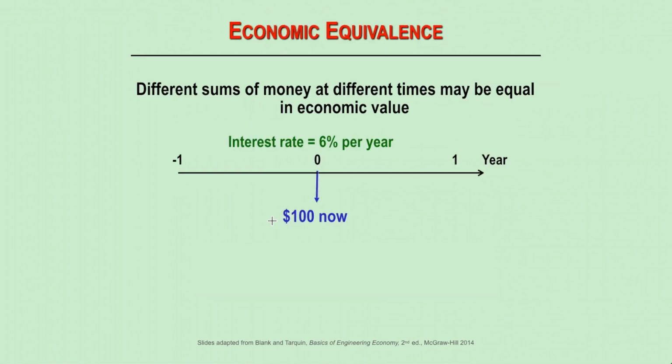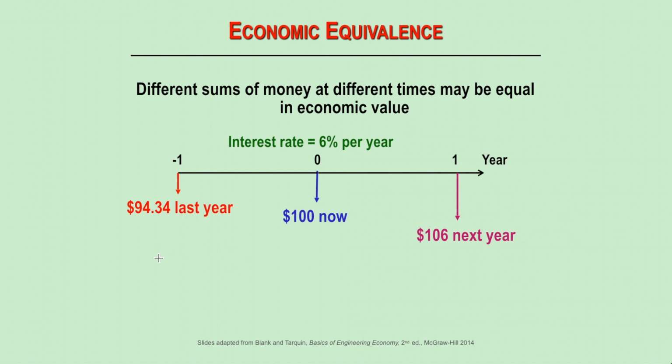So let's say I have $100 now, and the current interest rate is 6% per year. So that means the $100 that I have now will grow into $106 by next year. So if I do the same calculation but reverse in time, 1 year into the past, I would have $94.34 last year.